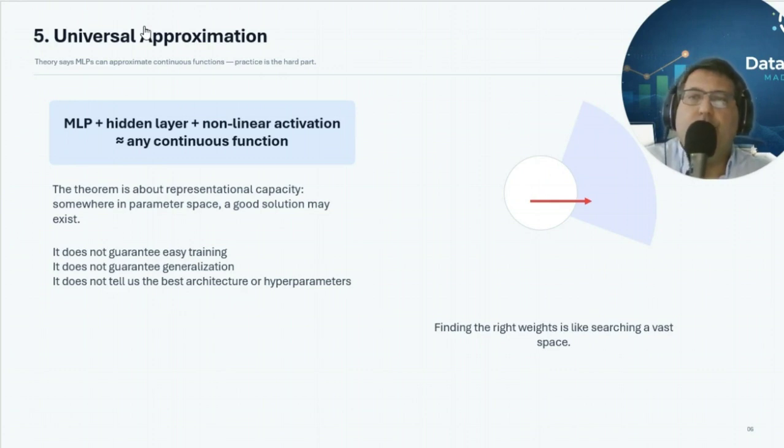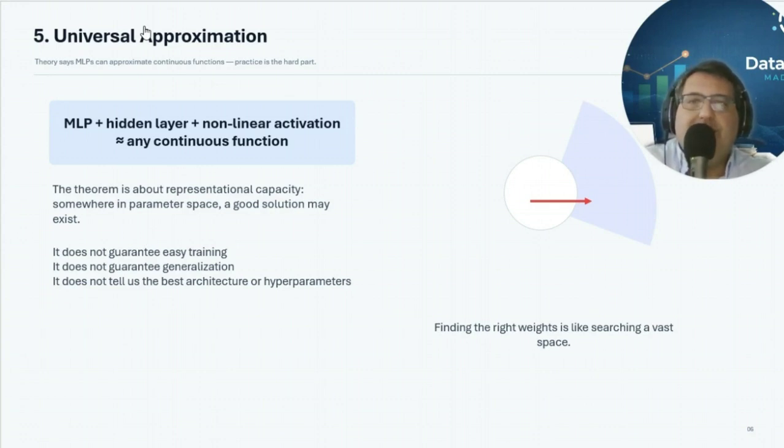Imagine that the true relationship we want to learn is some complicated function. Perhaps the output changes with several curves, thresholds, and interactions. The universal approximation theorem tells us that theoretically the MLP can represent that function with arbitrary accuracy under appropriate mathematical conditions.